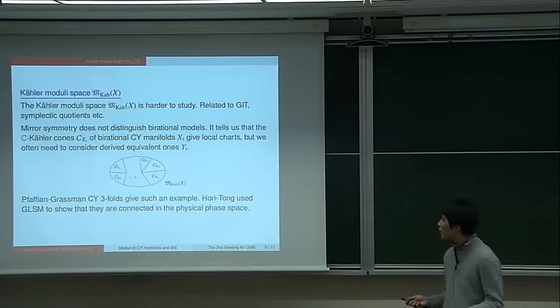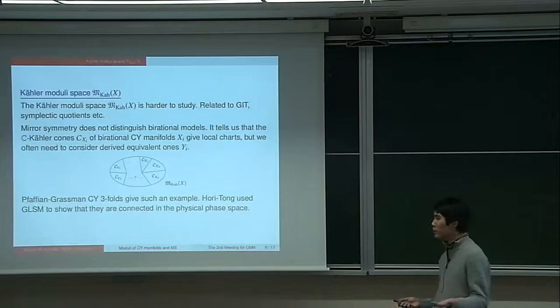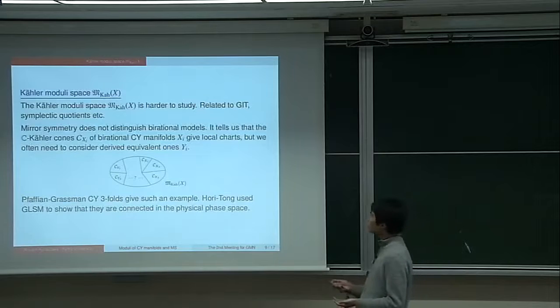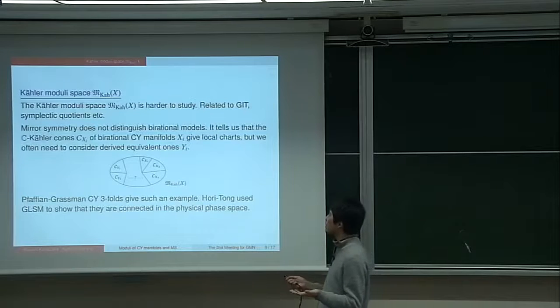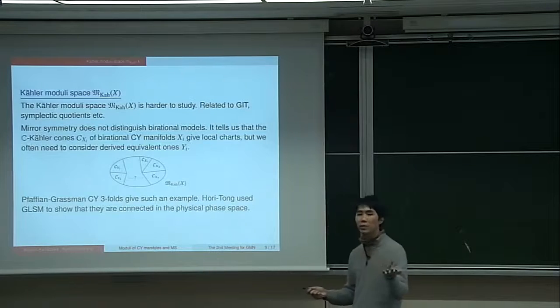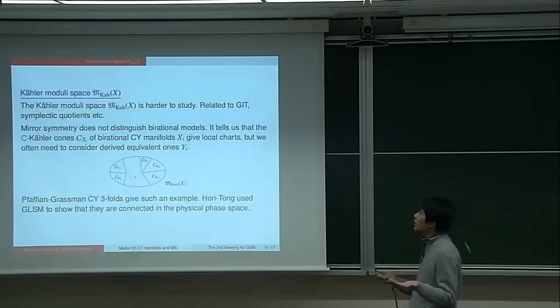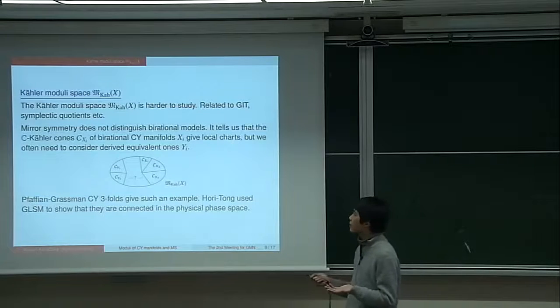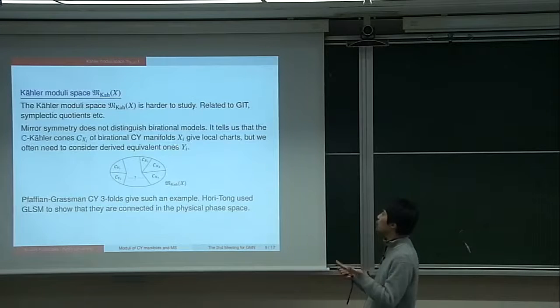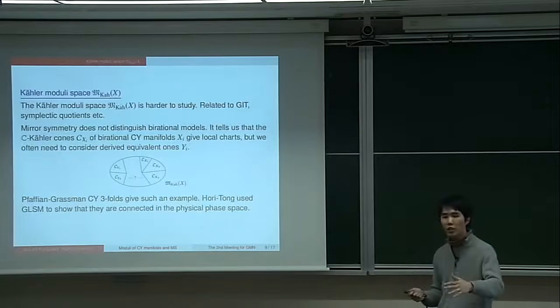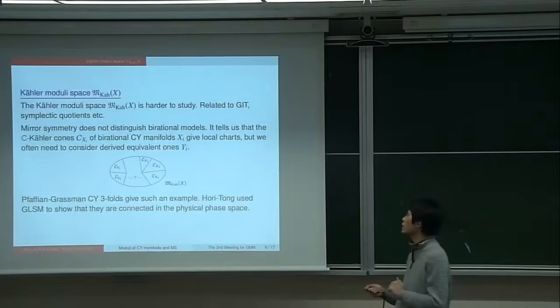Here our guiding principle is again mirror symmetry. Mirror symmetry does not really distinguish birational Calabi-Yau manifolds. Moreover, it tells us that the complexified Kähler cones of birational Calabi-Yau manifolds give local charts of the Kähler moduli space.